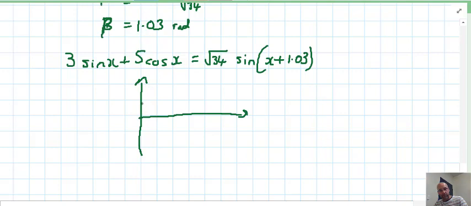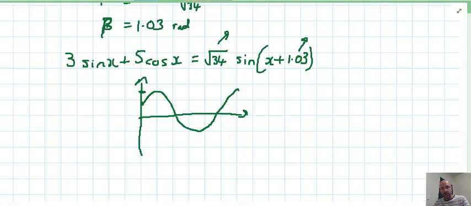it's got an amplitude of root 34, about 5.83. You'd have to see another video for the specifics of it, but you need to look at the A, and we've got a phase shift of 1.03 radians, which will be to the left.